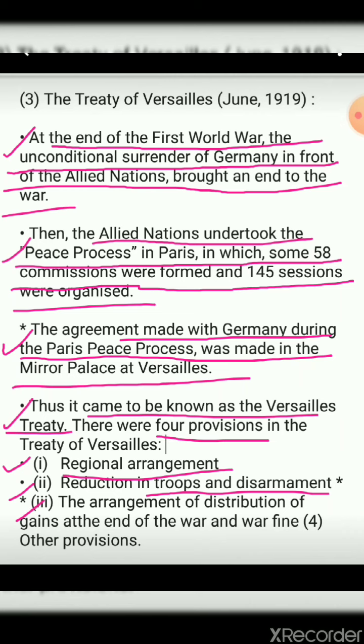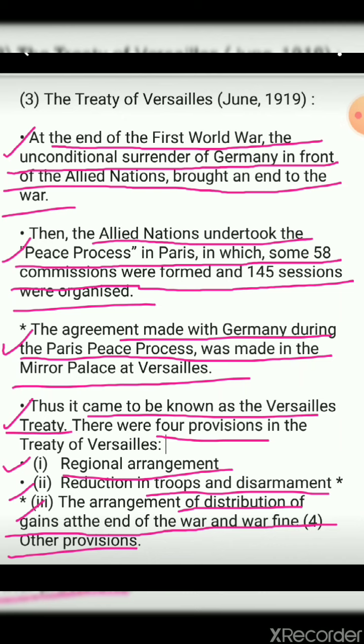The third one, the arrangement of the distribution of gains at the end of the war, and war fine and others. The fourth one is the other provisions. Whatever gains Germany got, Germany needed to distribute them.